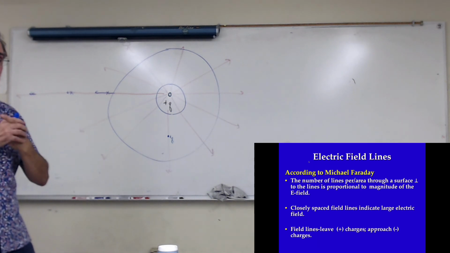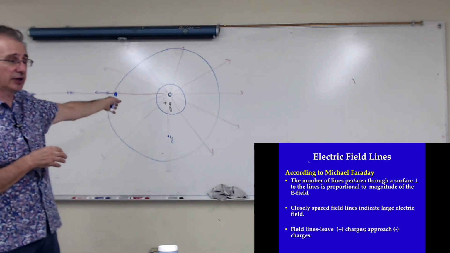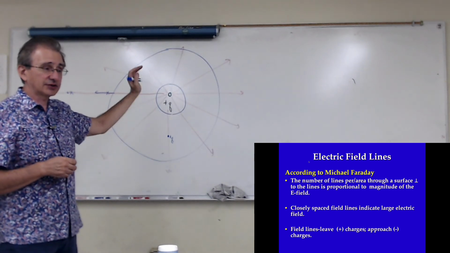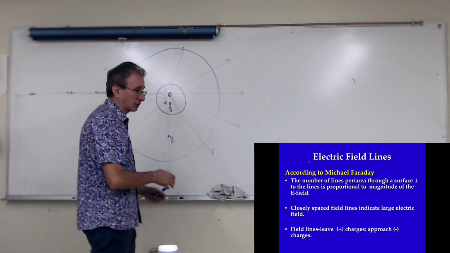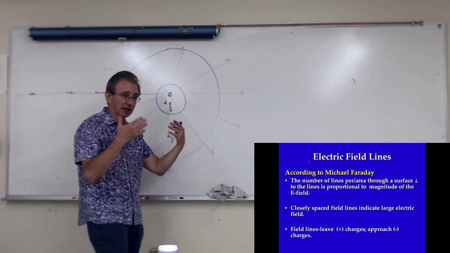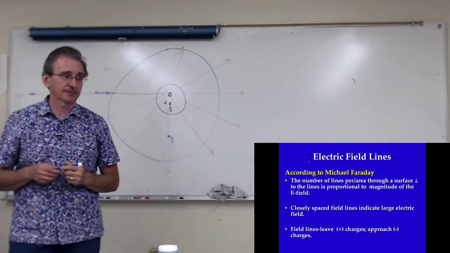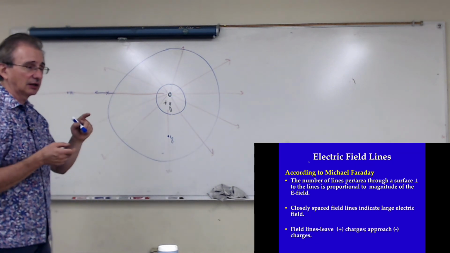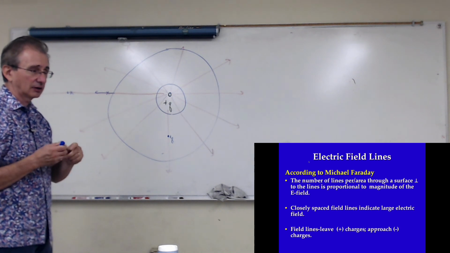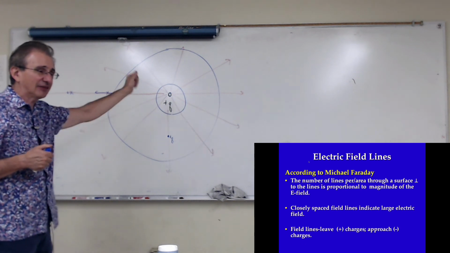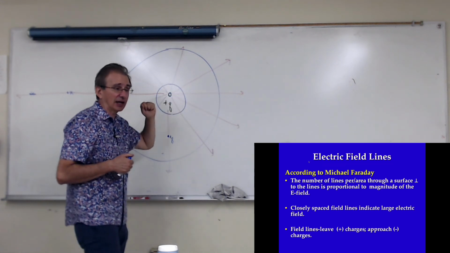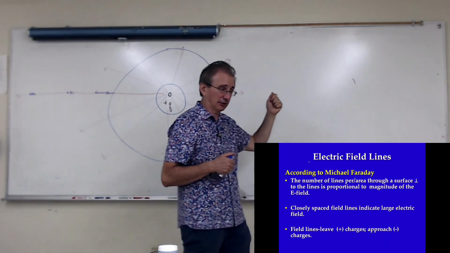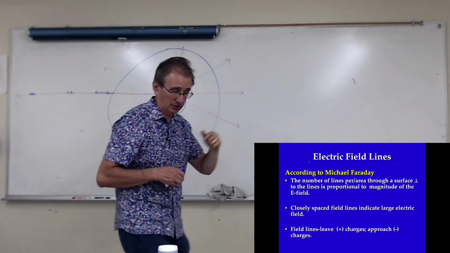And so the number of lines per unit area that pass perpendicularly through the surface is proportional to the magnitude of the electric field. In other words, closely spaced field lines indicate large fields. When we draw these electric field lines, we want to draw them so that they leave a positive charge, because the electric field points away from the positive charge, and they approach a negative charge, because the electric field points towards a negative charge.